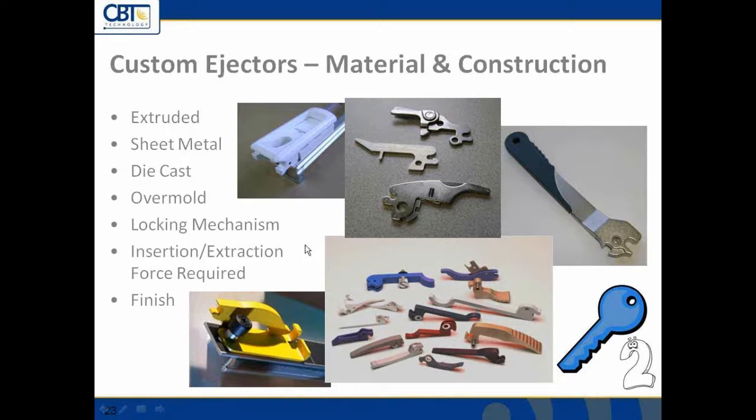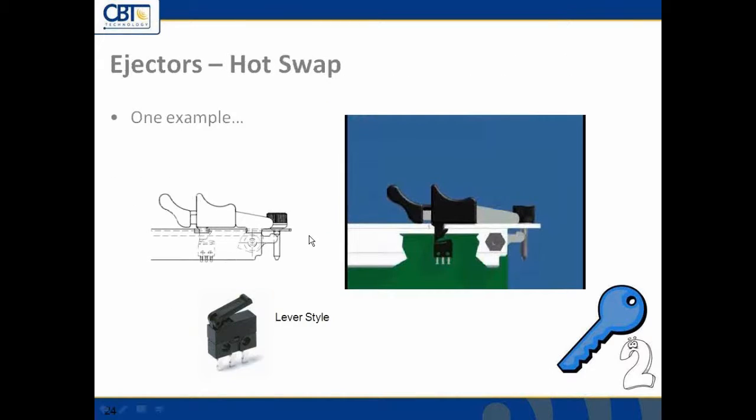One of the other things that ejectors can do is act as a hot swap feature as well, which we see here. Now this is just one example. It's actually an Advanced TCA style, but here you see the example of hot swappability. This ejector not just inserts and extracts the whole board, but you see with this cutaway here, it does a couple of other things.